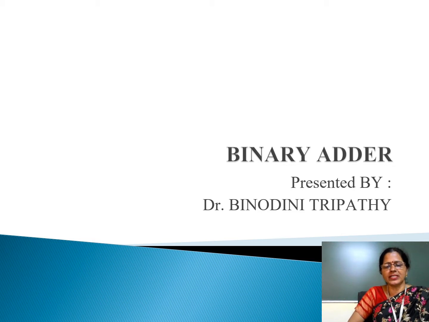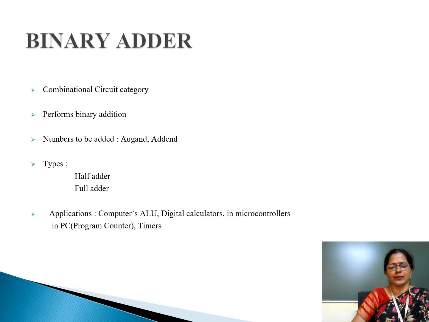So out of these combinational circuits, let us discuss today one type of combinational circuit named the binary adder. From its name we can define it. As per the name, it is one type of adder that can add binary numbers.